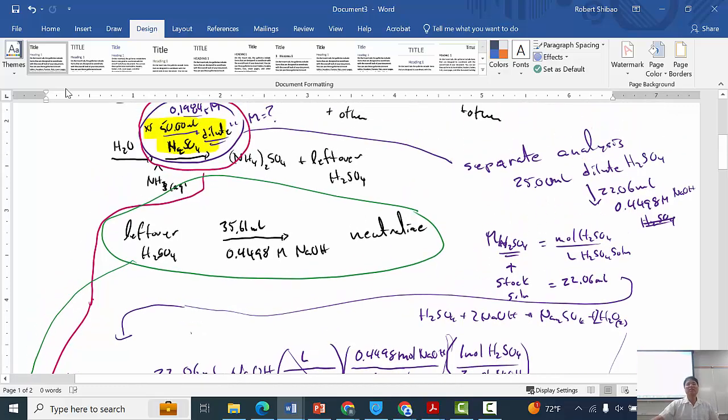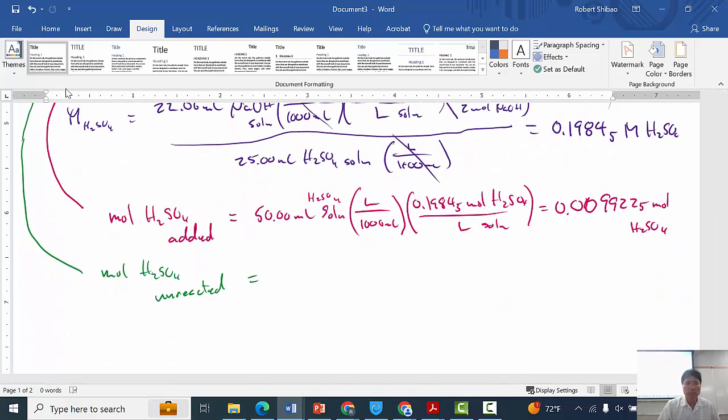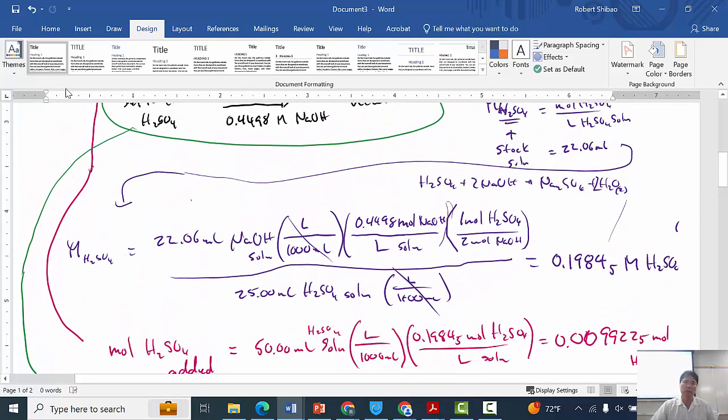And in this case, I don't want the concentration. I know I used 35.61 milliliters of sodium hydroxide solution. We convert that to liters, and then we use the molarity. This is called the sodium hydroxide standard solution.